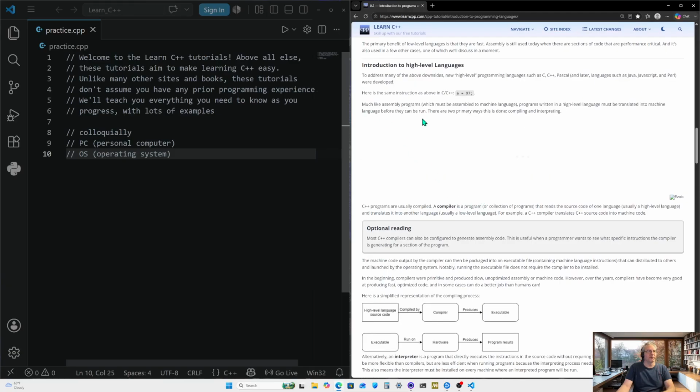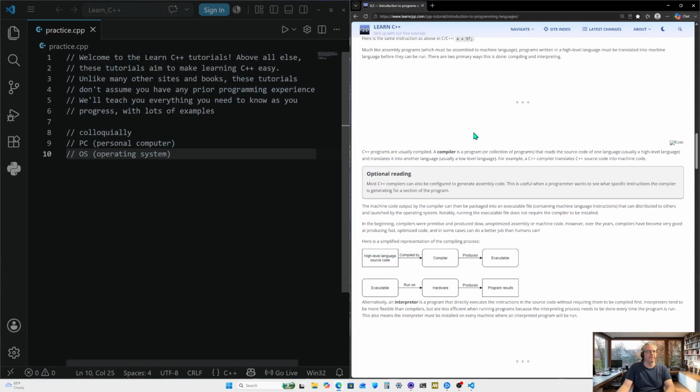Much like assembly programs, which must be assembled to machine language, programs written in high-level languages must be translated into machine language before they can be run. There are two primary ways this is done: compiling and interpreting, which is compile time and I believe runtime, but I'm not sure about that.